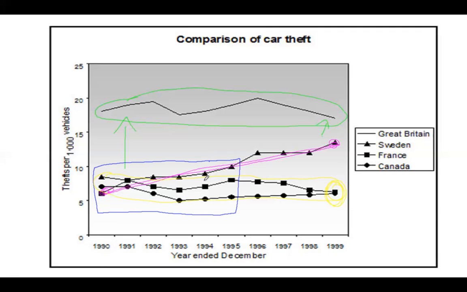You don't have to be exact. Just use approximative vocabulary. So you could say that France and Canada maintained very similar results throughout the period, and in 1999 both countries were approximately the same. So those are my 4 key features.